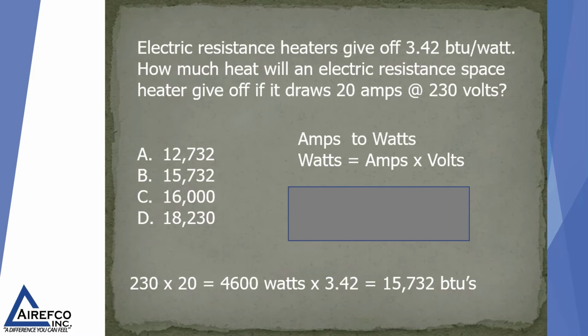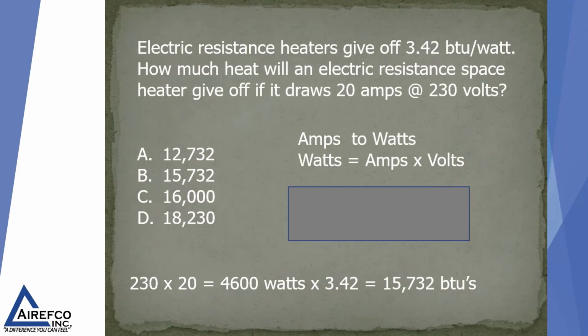In order to find the answer, you need to use Ohm's law and take amps to watts, which is watts equals amps times volts. So in this example, our voltage is 230. Our amp draw is 20 amps, and we multiply those two to get 4,600 watts.